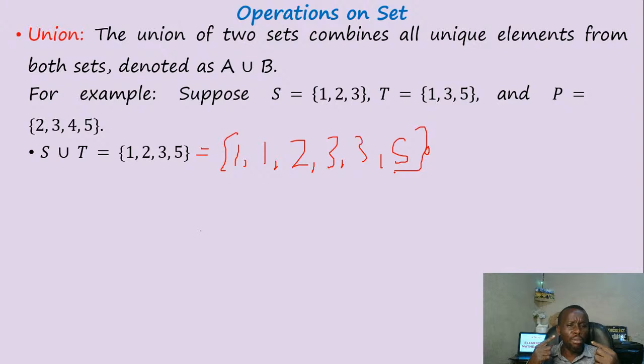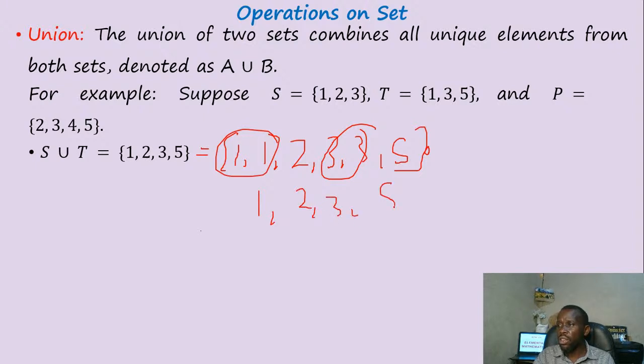Remember that I mentioned that you don't repeat elements. So 1 1, you are repeating the element, so you have to pick only one 1. 3 3, you are repeating the element, you have to pick one 3. So I'm going to have 1, 2, 3, 5. I'm only writing one of each. That's how you know the union of a set.